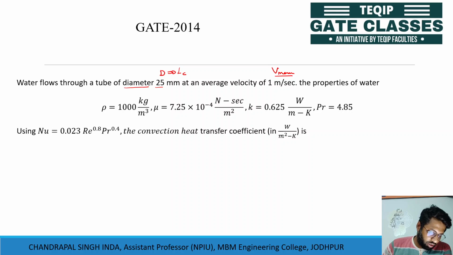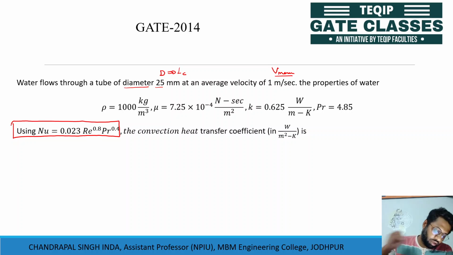Using the empirical relationship given for the question, find the convection heat transfer coefficient in watt per meter square Kelvin. This was a numerical question in 2014, so we have to enter the value of the answer.